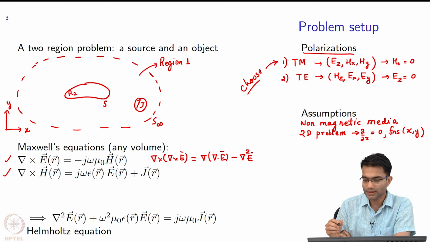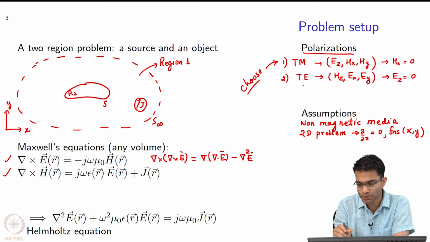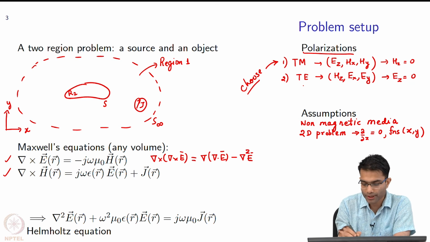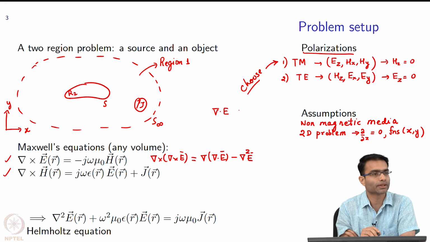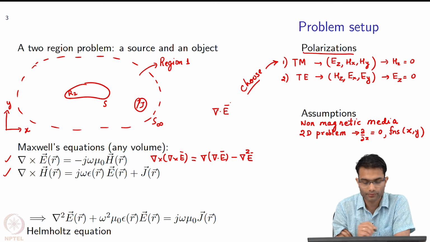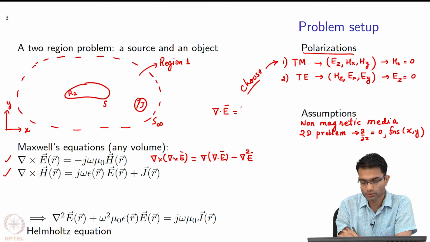Now, as a result of this, if I choose the TM polarization, what do you think will happen to del dot E, the divergence of the electric field? So, let us just use the formula. The first term will be Ex, then Ey, right.